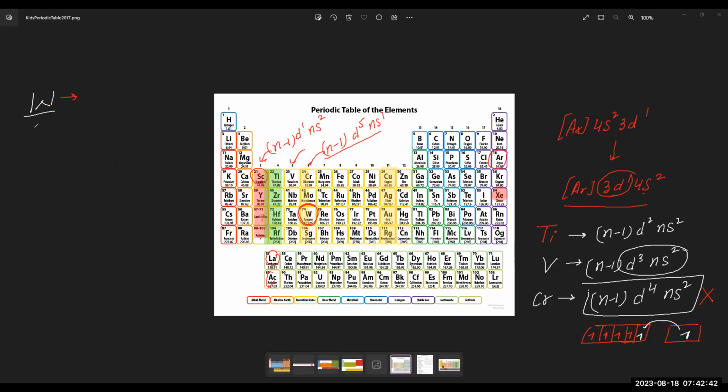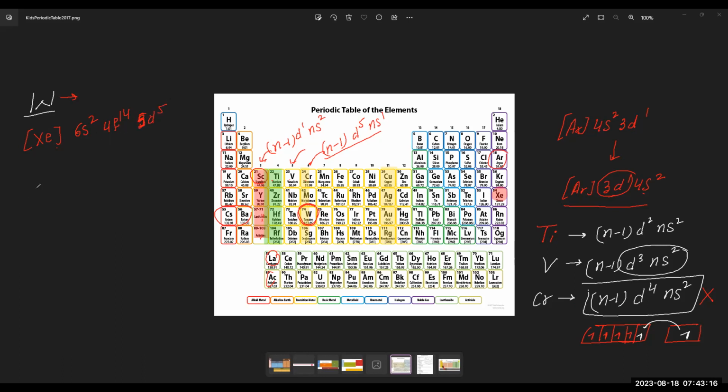Tungsten. So you start with xenon and then 6s2 and then 4f14, then 5d4.